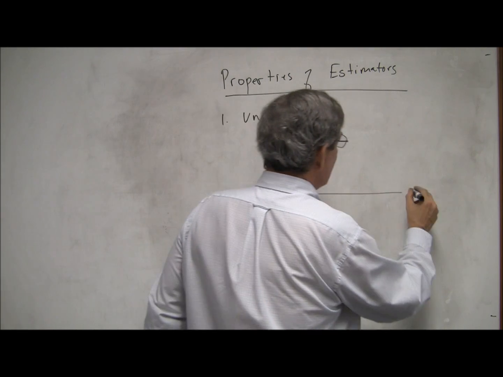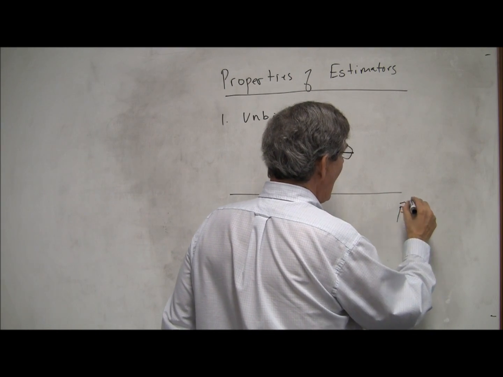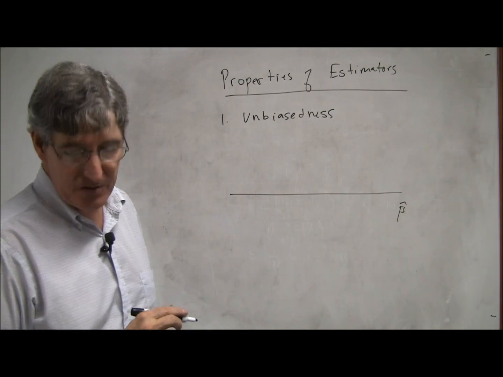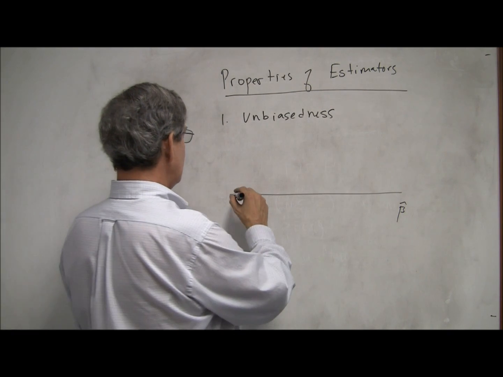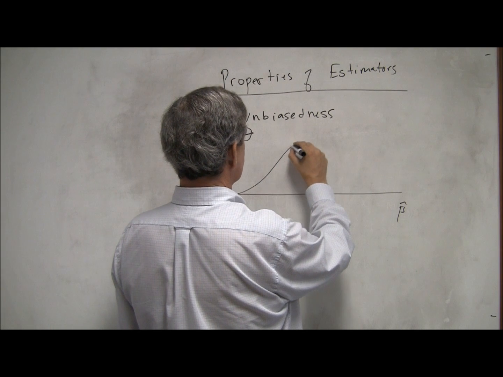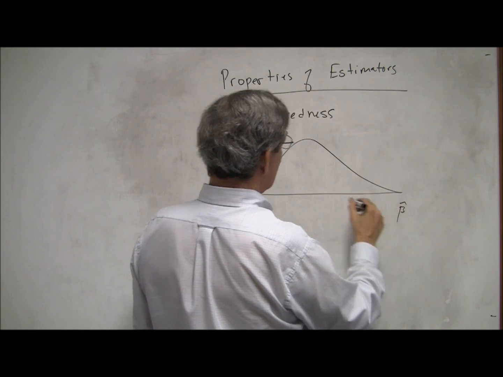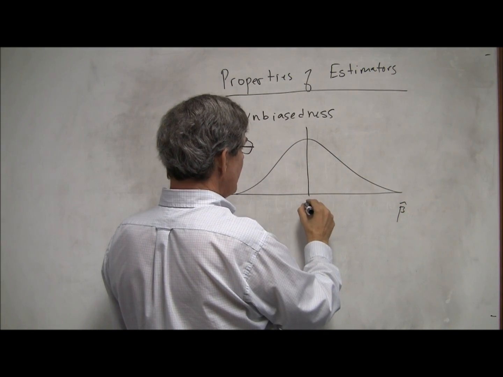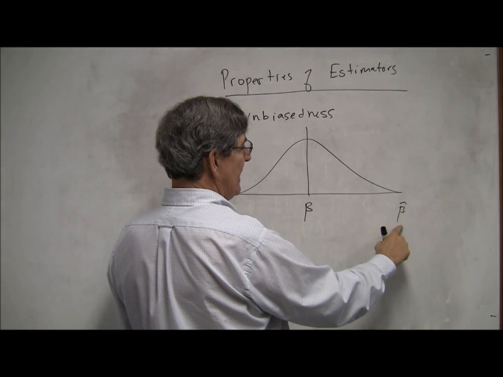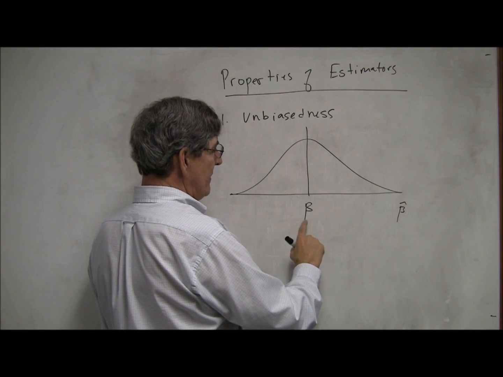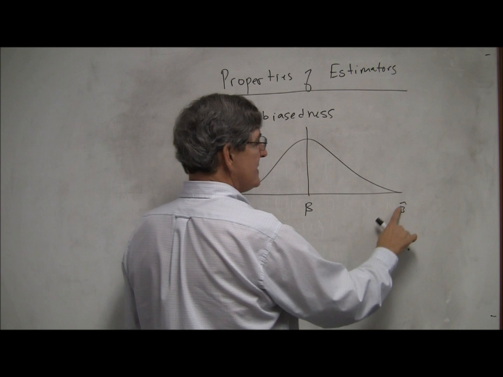And so the estimator beta hat has some distribution. And if it's unbiased, that distribution of beta hat will be right at beta. So for the mean, this is x bar.